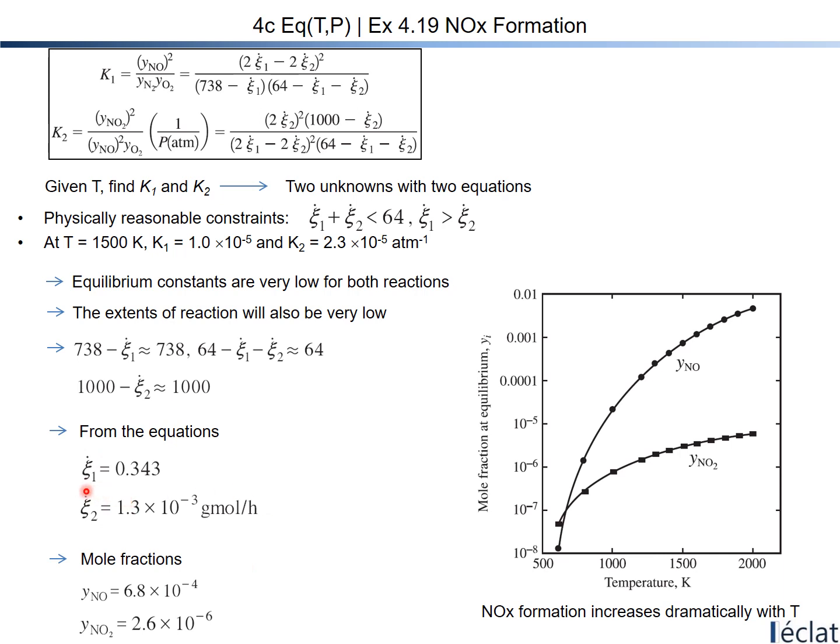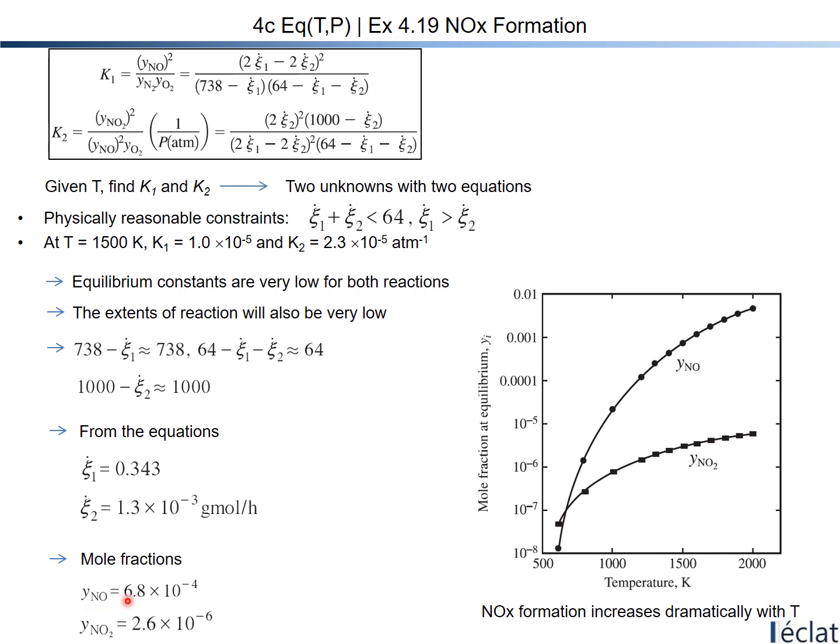In this case, Xi1 is equal to 0.34 and Xi2 is 1.3 times 10 to the minus 3 gram mole per hour. Using these values of Xi1 and Xi2, you can calculate the mole fraction of every species in the exit stream, including NO and NO2.